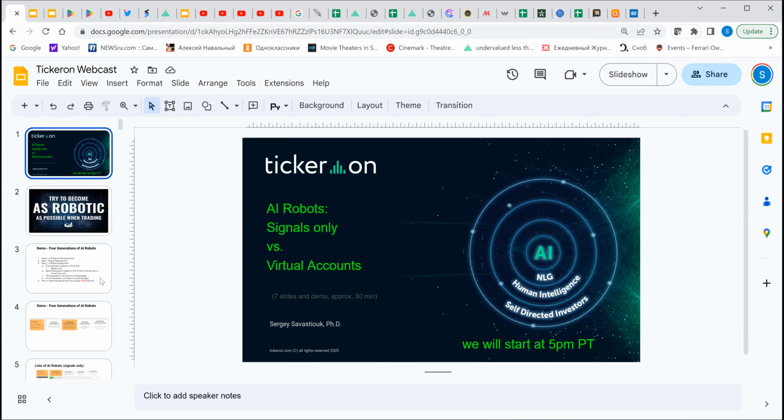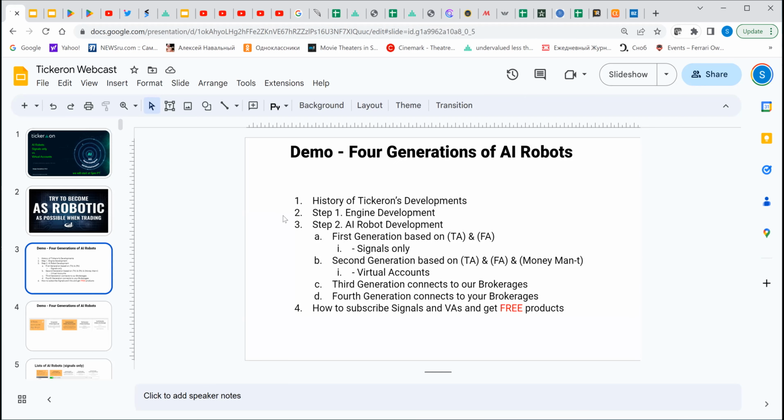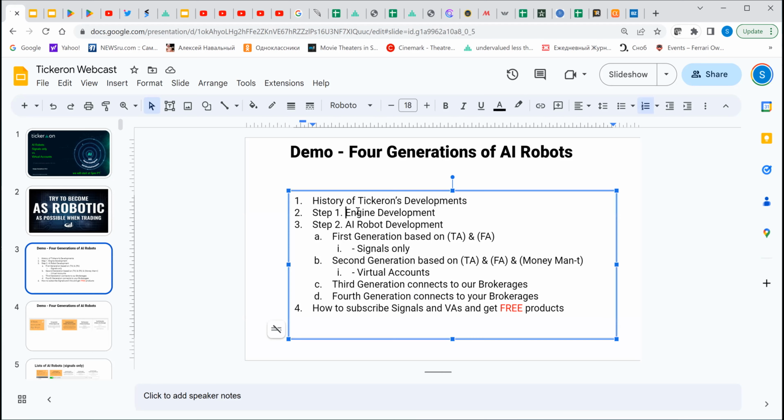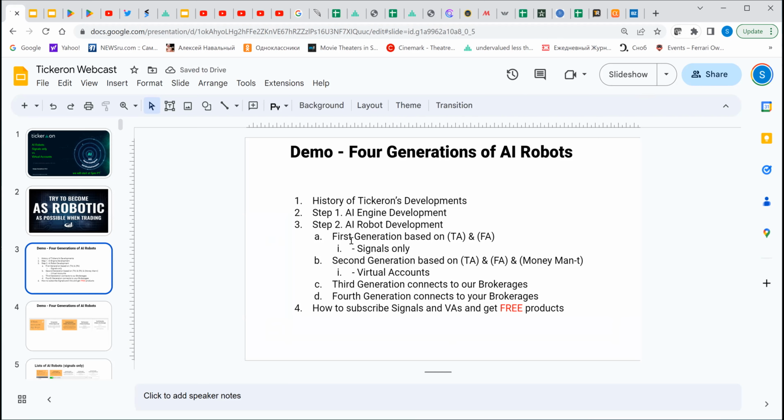Here is the sequence I'm going to go through. I will talk briefly about the history of our developments so you can understand where we're coming from. Step one: we developed engines, AI engines, I would say. Then we started working on different types of robots.